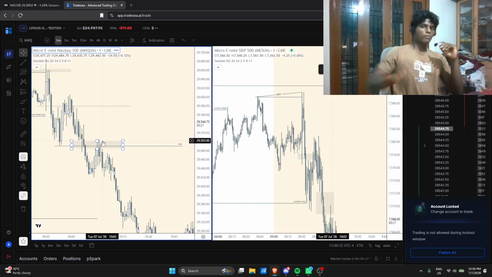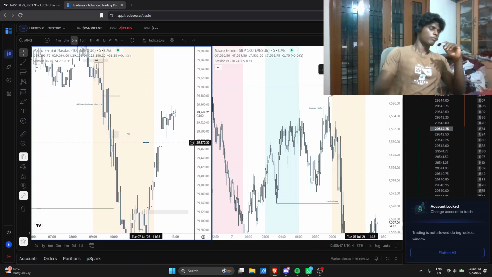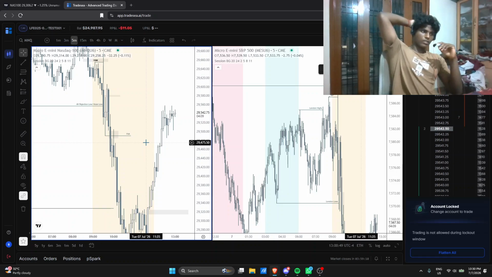This fair value gap plus fair value area is nice and the draw on liquidity is nice, but at the lower time frame I didn't have any proper entry, because we also didn't have any prominent fair value gaps in this leg, which made it a weak leg, and I didn't get any entry.